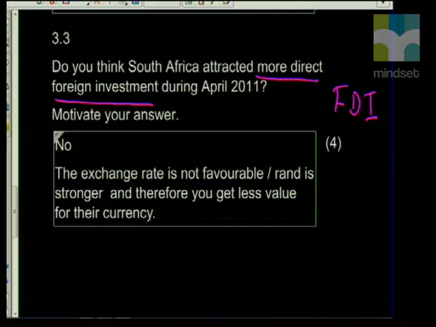Because of this situation that's been taking place in South Africa, we are unable to attract foreign investors to come to the country, because the exchange rate is not low, it's not favorable. If it's not favorable, it means, boys and girls, that we actually have a higher exchange rate compared to other countries where the investors are looking around to plow money into.